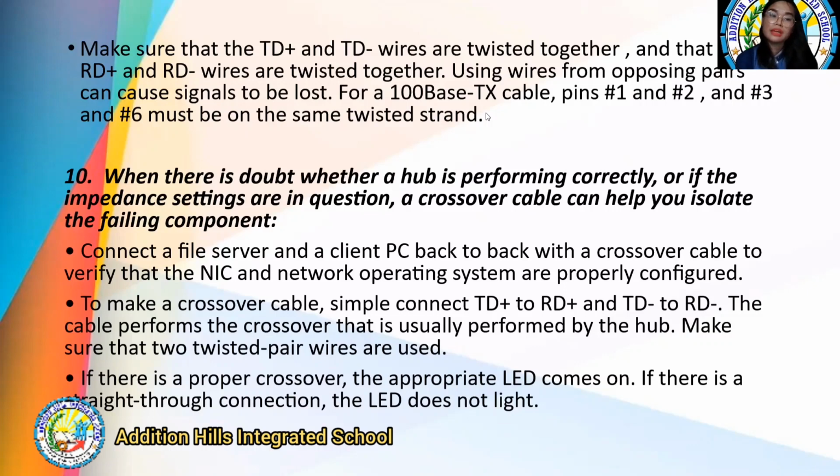To make a crossover cable, simply connect TD plus to RD plus and TD negative to RD negative. Make sure two twisted pair wires are used. If it is a proper crossover, the appropriate LED comes on. If there is a straight-through connection, the LED does not light.